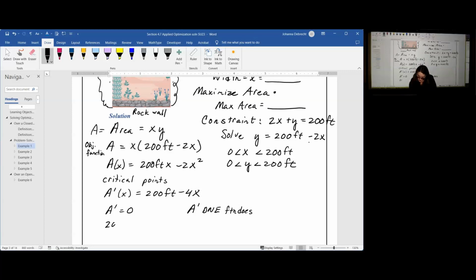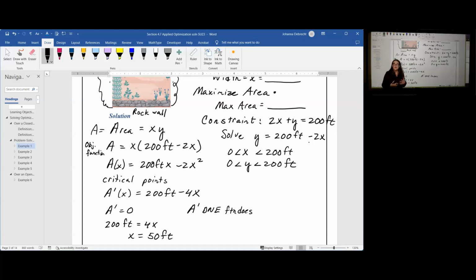When we set it equal to 0, we get that 200 feet equals 4x, or x equals 50 feet. We have found the value of x, but there's no guarantee that this makes it a maximum. We simply know it's a potential place for an extrema value.